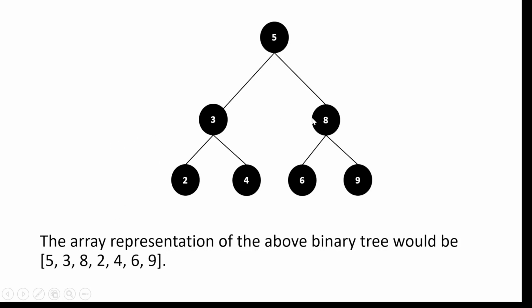Then we move to the next level: left child 3, then the right child 8. Then we go to the next level, again starting from the left: 2, 4, 6 and 9. So the overall array representation will be 5, 3, 8, 2, 4, 6, 9.